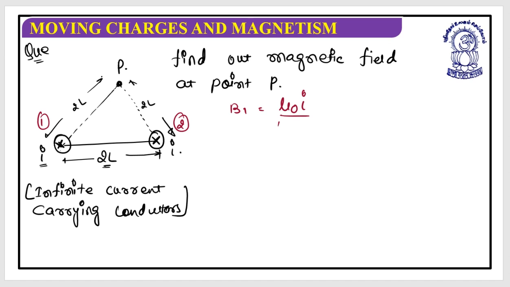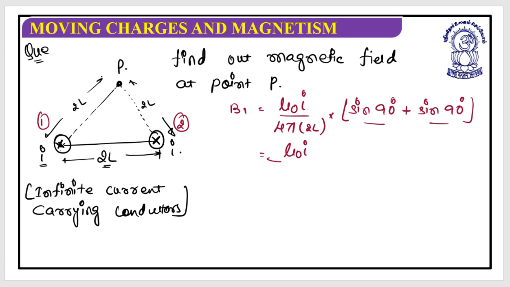B1 is equal to mu naught I by 4 pi r, where r is 2L, multiplied by sine of 90 plus sine of 90, because we have already discussed in the previous class that for infinite segments, the angle would be 90 degrees. So this is sine 90 plus sine 90, which is 1 plus 1, 2. This equals mu naught I by 4 pi multiplied by 2L multiplied by 2.